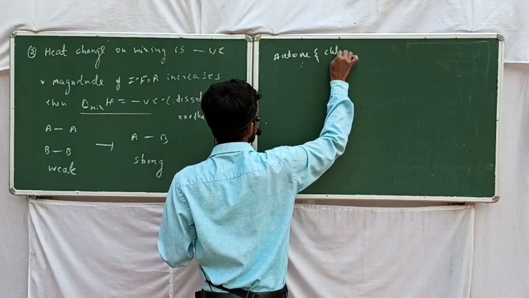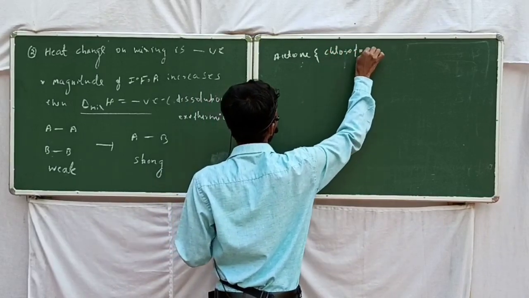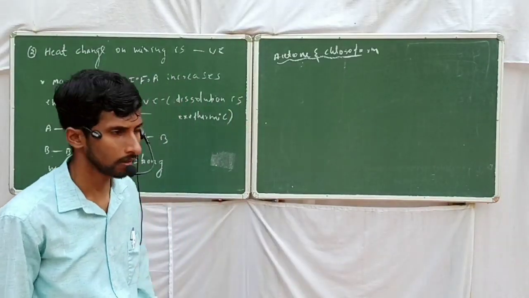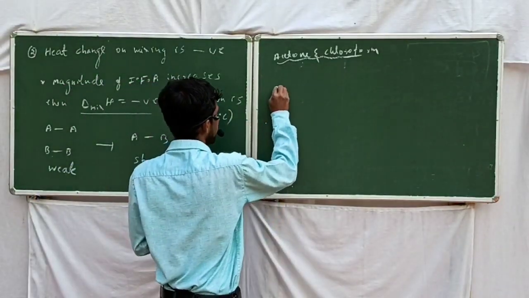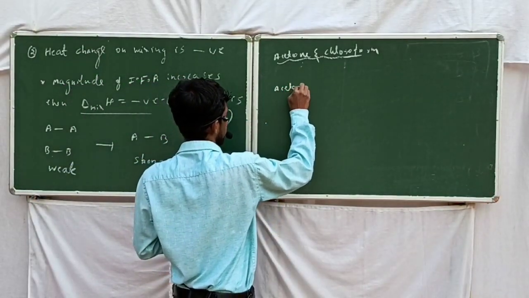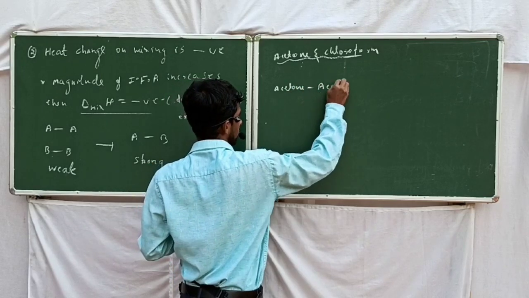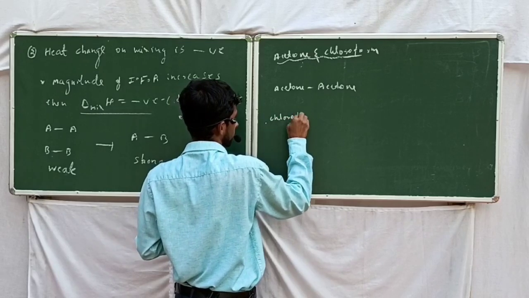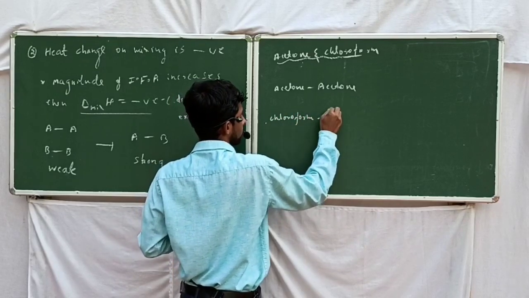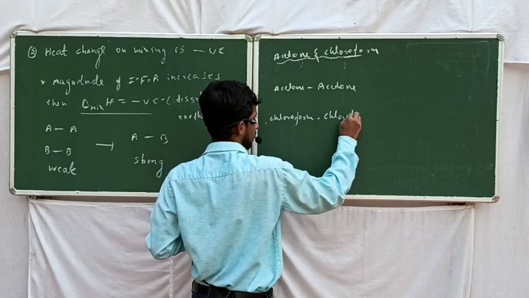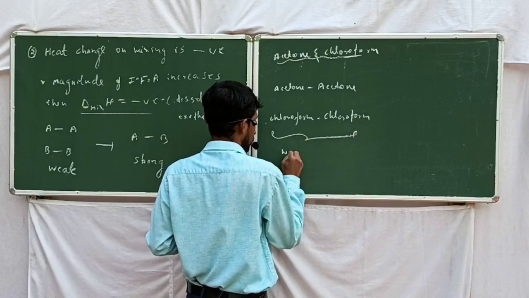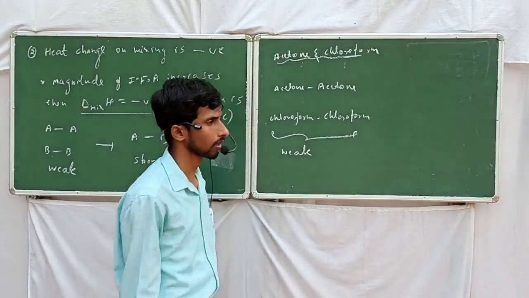This is an example for non-ideal solution showing negative deviation. Then if you take acetone, between acetone and chloroform, we have weak intermolecular forces of attraction.